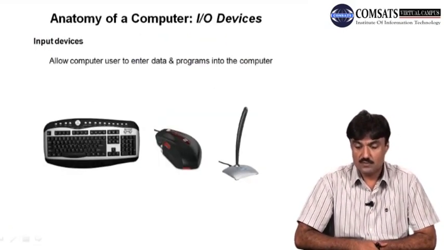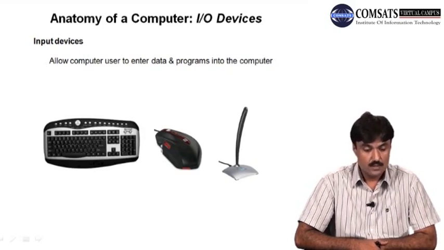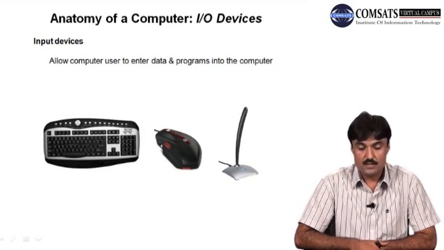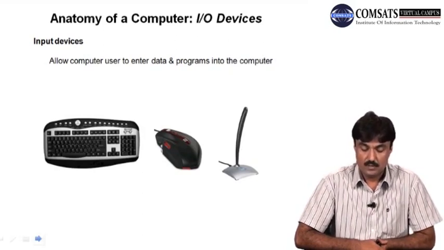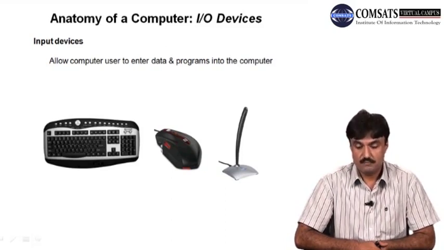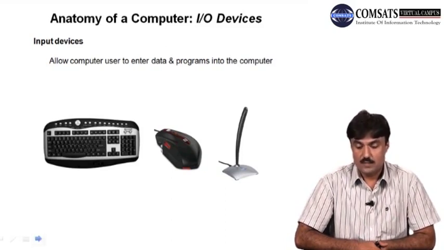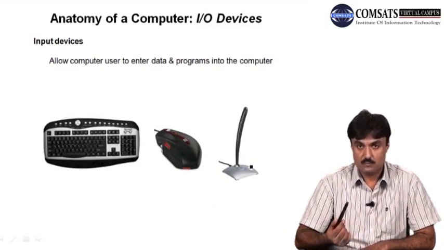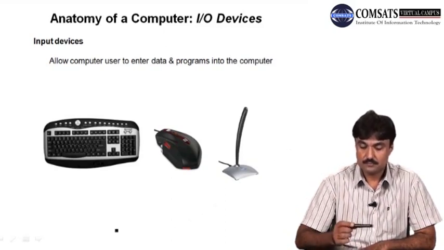The third component is the I/O devices. In the I/O devices, there are input and output devices. These are very common examples of input devices. Here you can see keyboard, mouse, mic, light pen, and these pointers that we are using.